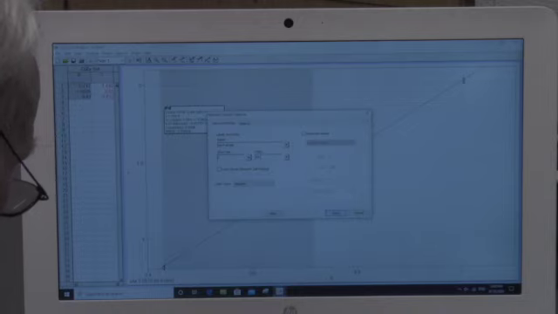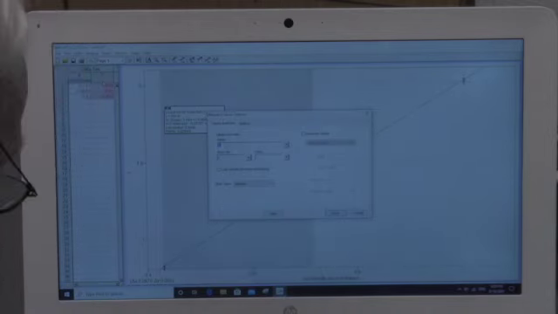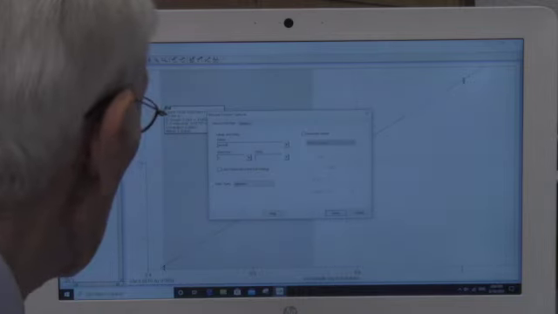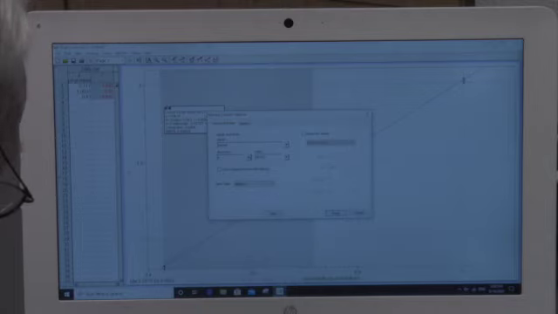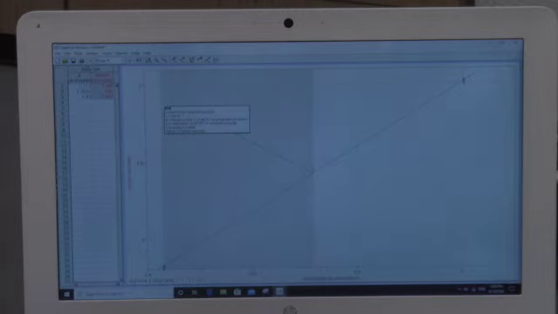Okay, and then we can put the units in, square root of meters, and that's done. So there it appears down there. And then do the same thing for the y direction, and the y direction is period, and that's in seconds. And that takes care of the y direction, so it's labeled over here nicely.